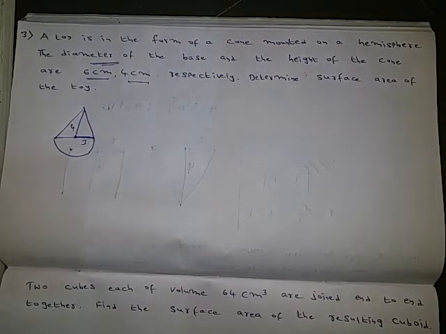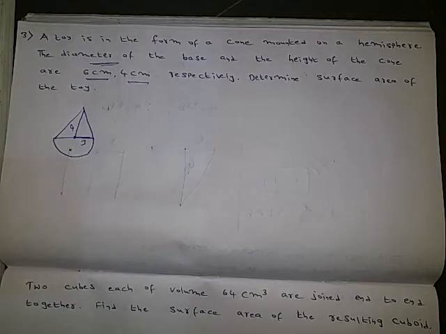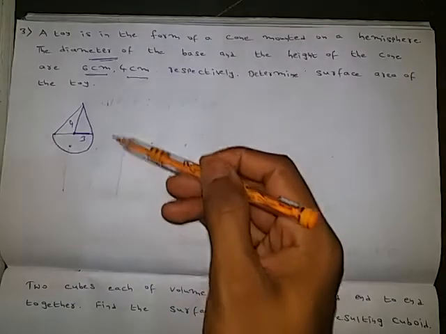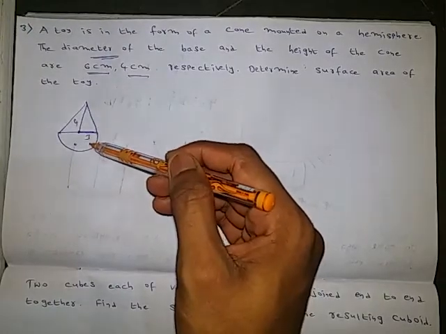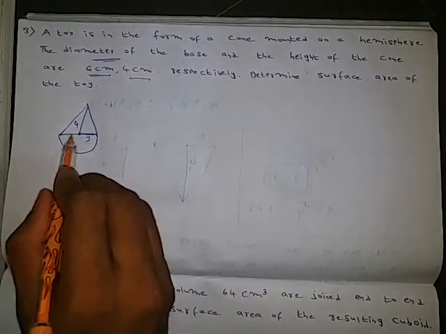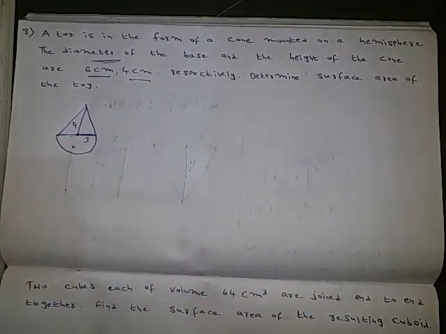Always when 2 or 3 or more figures are joined with each other, we need to find the curved surface area only, not the total surface area, because these two figures are joined with each other. So this joining part we are not able to see.